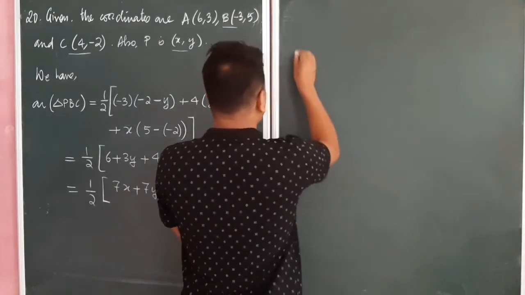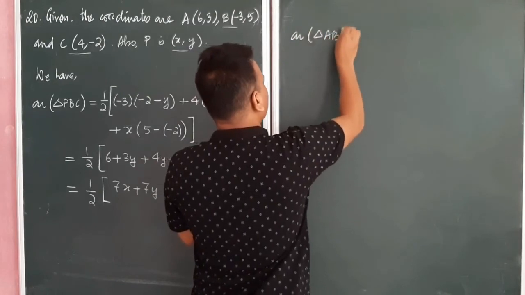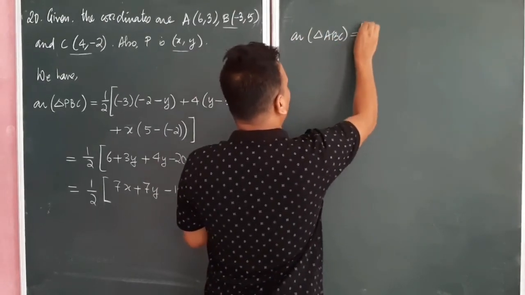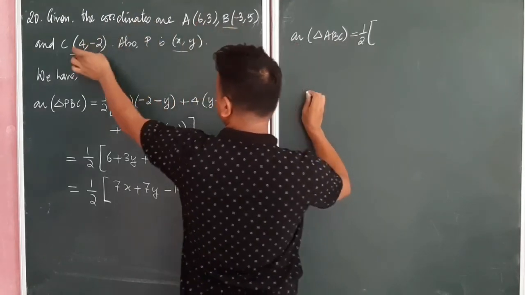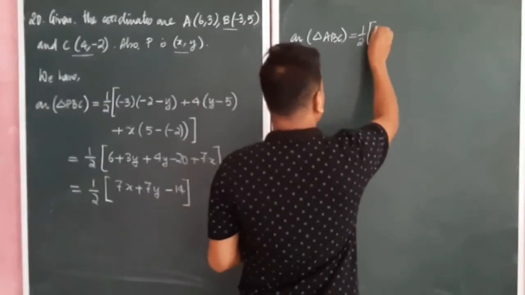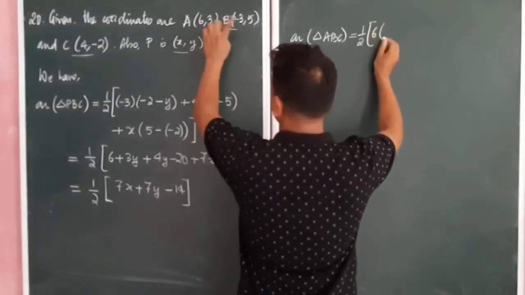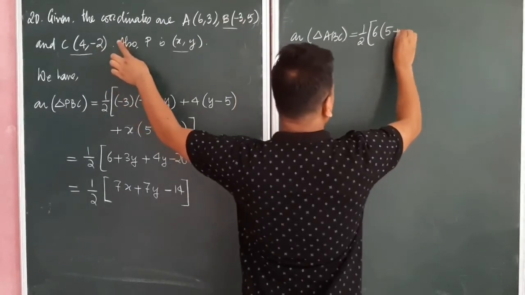So the area of triangle ABC will be equal to half into, this is my x1, y1, x2, y2, x3, y3. So x1 is 6 here, into 5 minus of minus 2, which becomes plus 2.